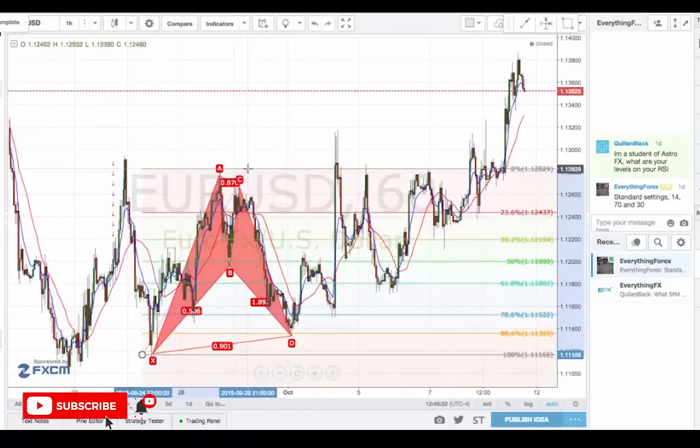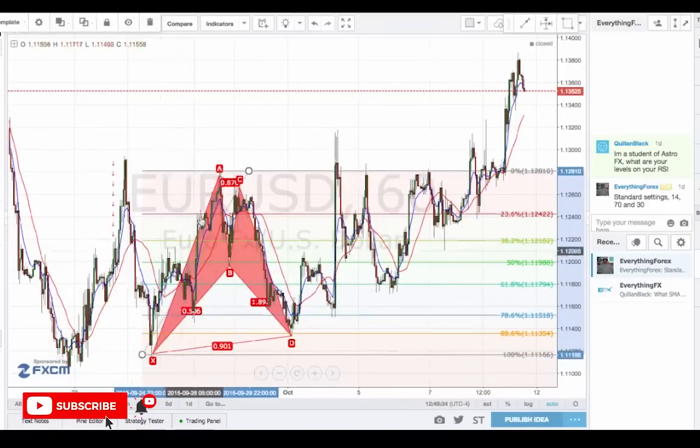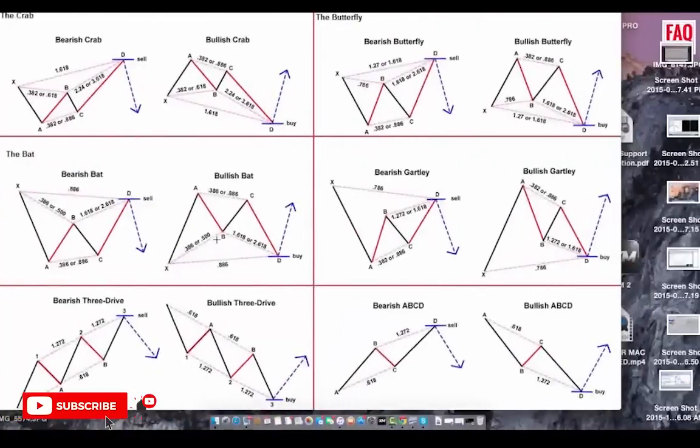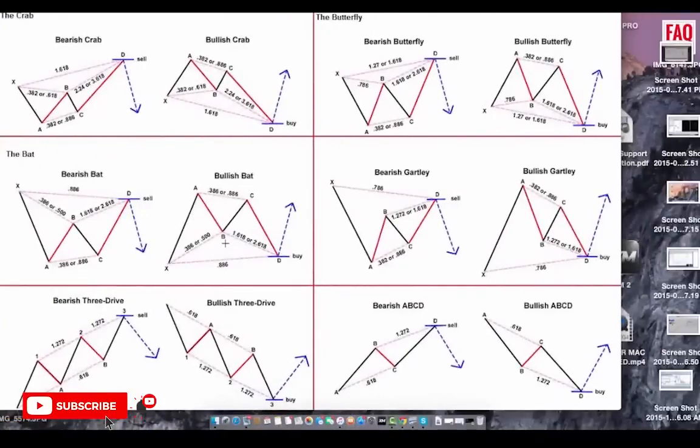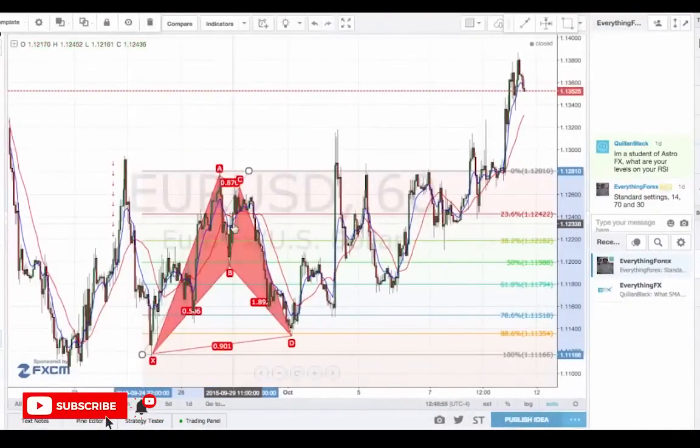Check it out. Okay, so first the market came up, it dropped back down to what? 50%. It has to be from 38.6 to 50%. This time it retraced at 50%. From there, it went up to 78.6, which I showed you earlier. 78.6 can also be 88.6 in that range, either or. I see it form at 78.6 a lot more than 88.6, and that could still be considered a legitimate bullish bat.